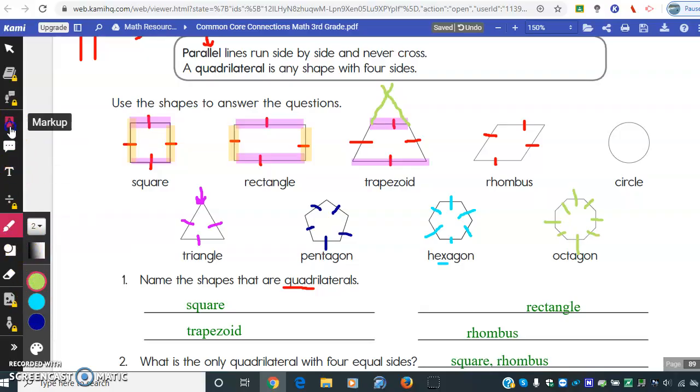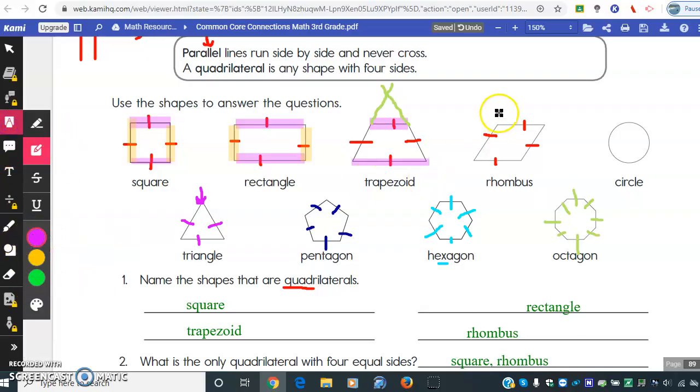Let's look at the rhombus. The rhombus has parallel top, and the bottom is going the exact same way. And then if I look at the side, see how it's going sideways? But that's okay, because this side is going sideways the exact same direction.